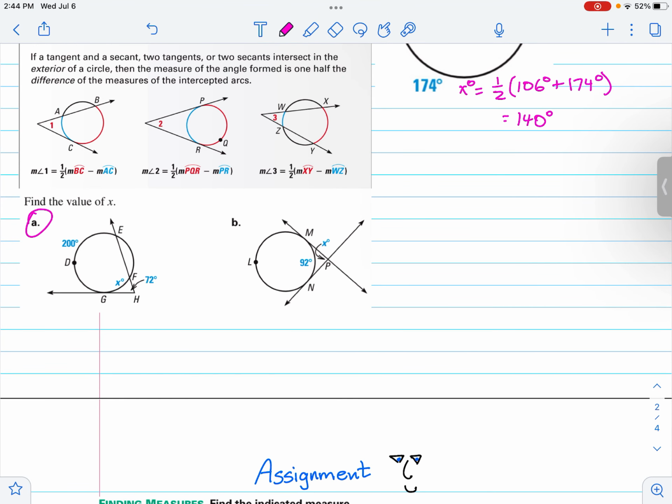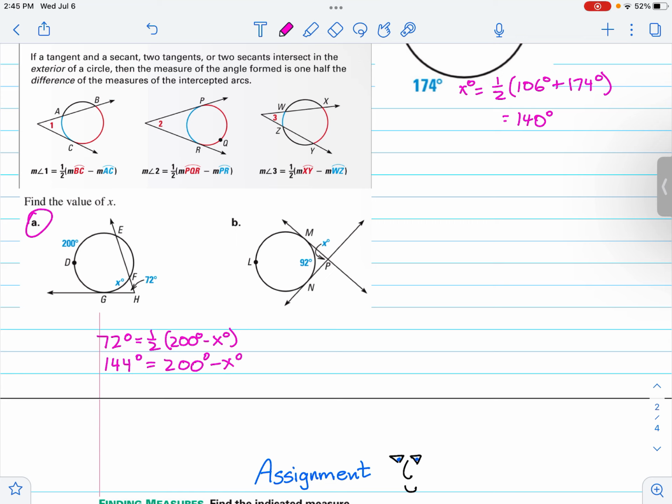Now let's look at these down here. We'll look at A first. We want to find x. We know that 72 degrees is equal to 1/2 of 200 minus x. If I multiply both sides by 2 to get rid of that 1/2, I get 144 equals 200 minus x.